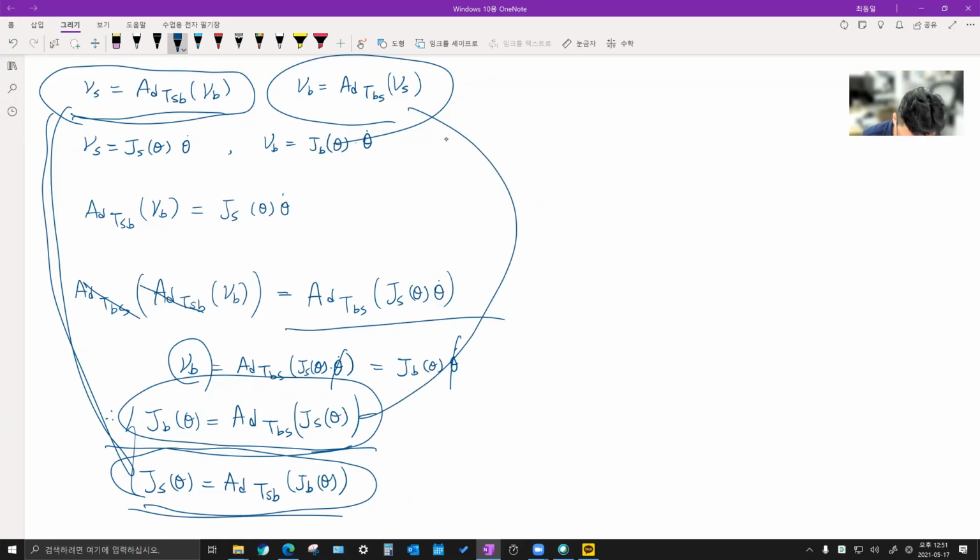So actually, these two formats are the same, because the Jacobian column itself expresses the screw axis. So this kind of thing can happen.